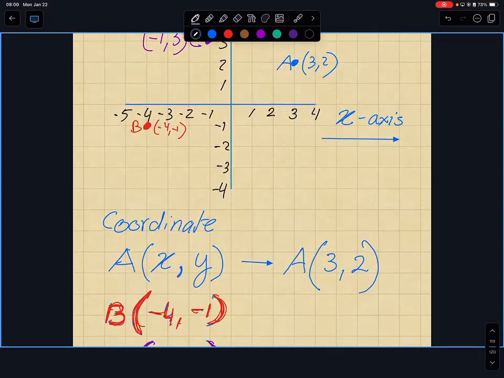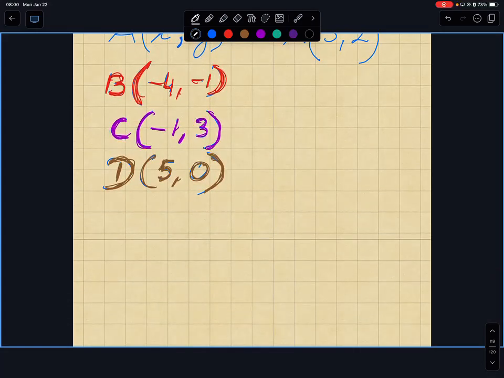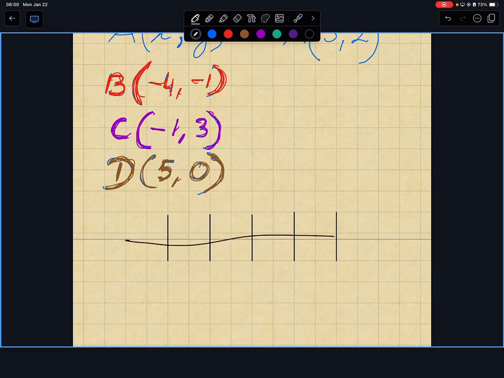Now, most of the time, if not all of the time, you have something called a table. And from this specific table, you have to find the coordinates from a table given to you.